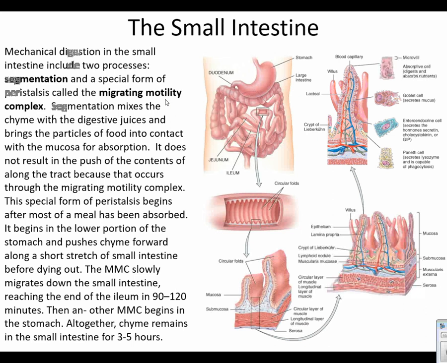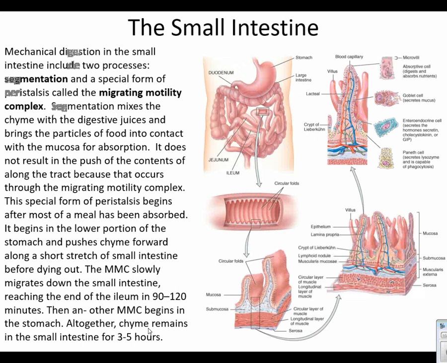Then it begins all over again, and so chyme, as a result, will remain in our small intestine for up to 5 hours. And if the food in your stomach was in there for 6 hours, now we're up to 11 hours. Now that's max, probably.